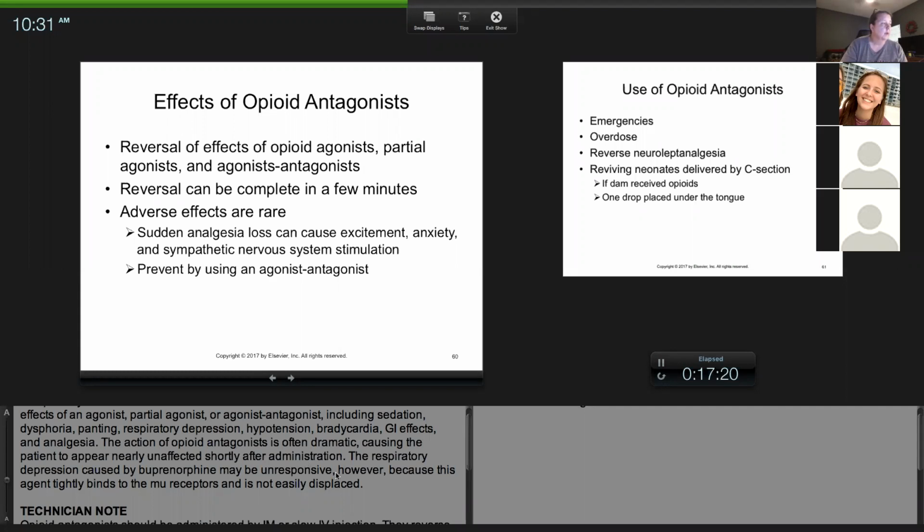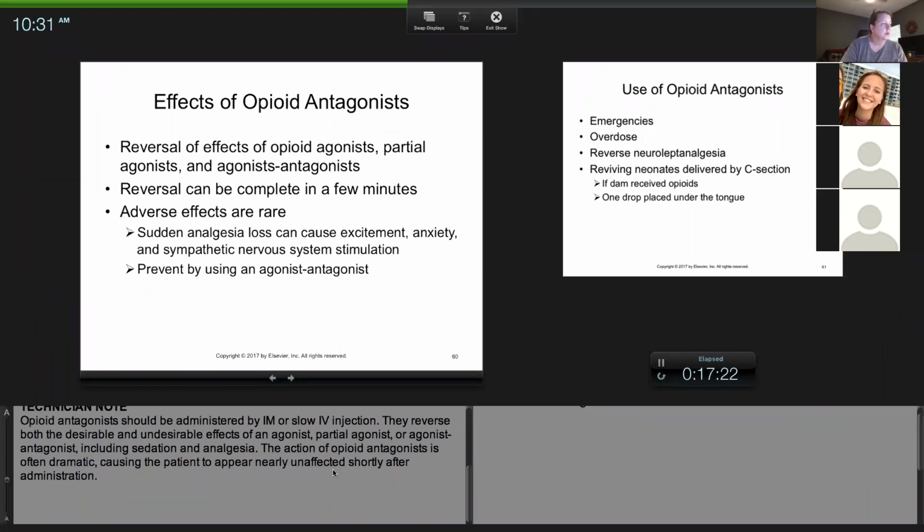I'm going to give you a little tip. It says you can prevent this by using an agonist-antagonist. We had a little technique that was kind of cool. If we had a dog that was too deep on morphine or fentanyl or whatever, the anesthesiologist would take a mil of butorphanol and put it in 10 mils of saline.